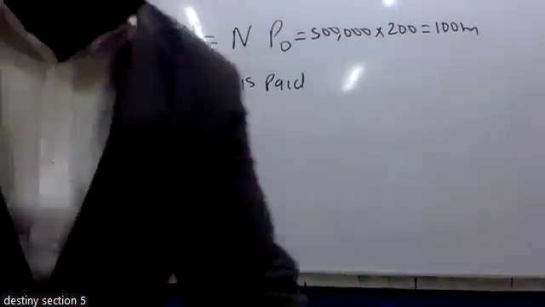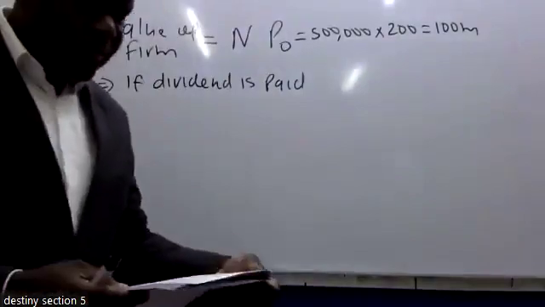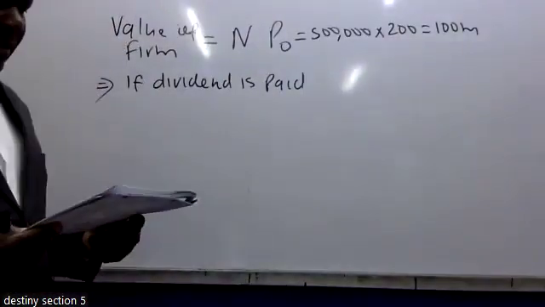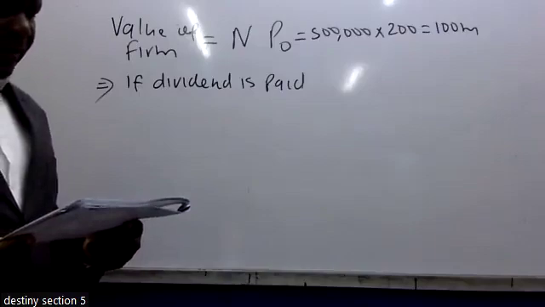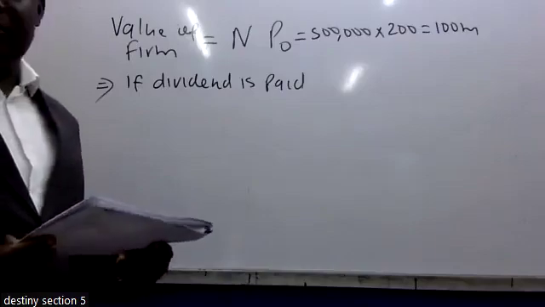So if dividend is paid, first compute the dividend per share, because the question gave you earning per share and dividend payout ratio.